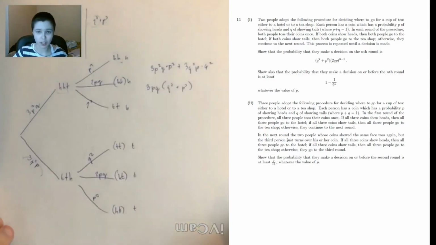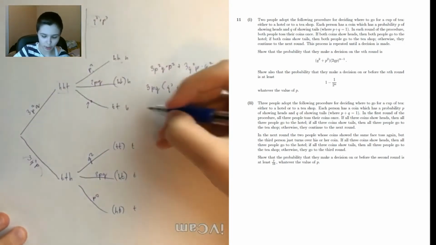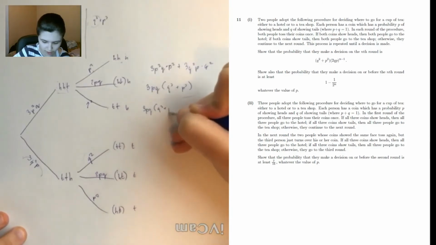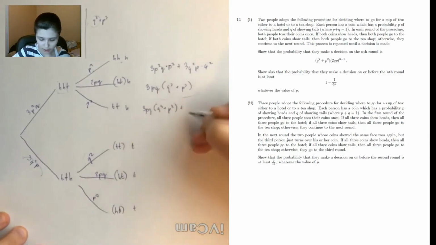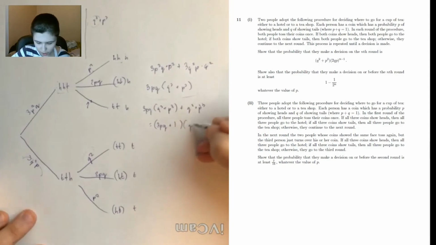This is going to help because the probability that they make their decision on or before the second round is going to be the probability they make a decision on the second round plus q cubed plus p cubed, which is equal to 3pq times q cubed plus p cubed plus q cubed plus p cubed, which is 3pq plus 1 times q cubed plus p cubed.